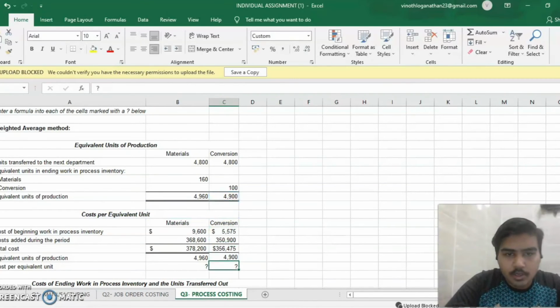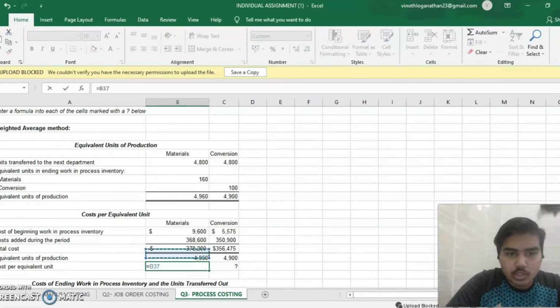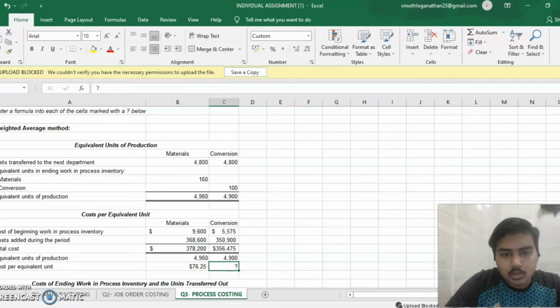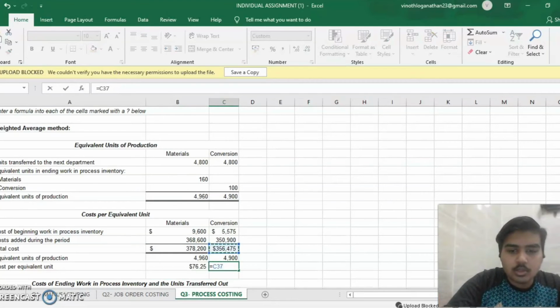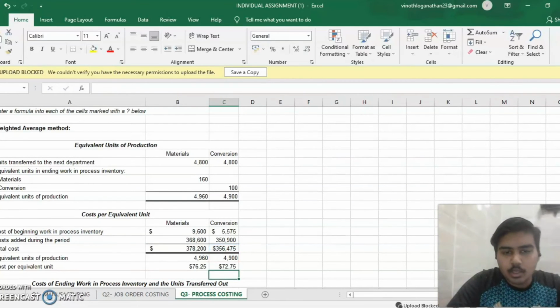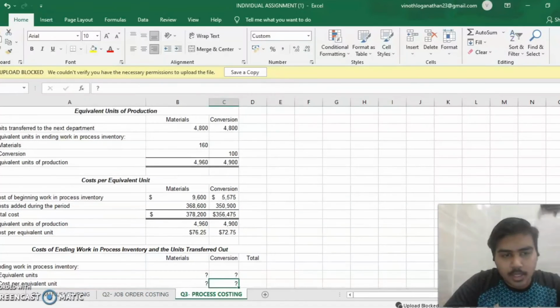This is 4,900. So to get the cost per equivalent unit, you should just divide this equation by the number of units. So you get that.